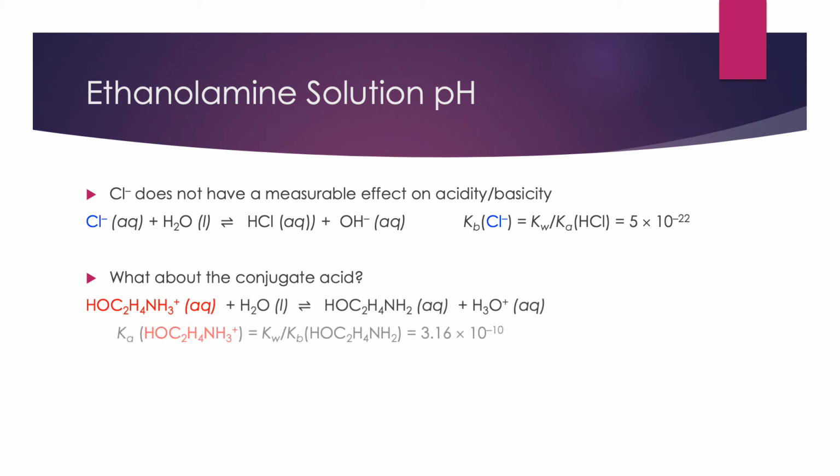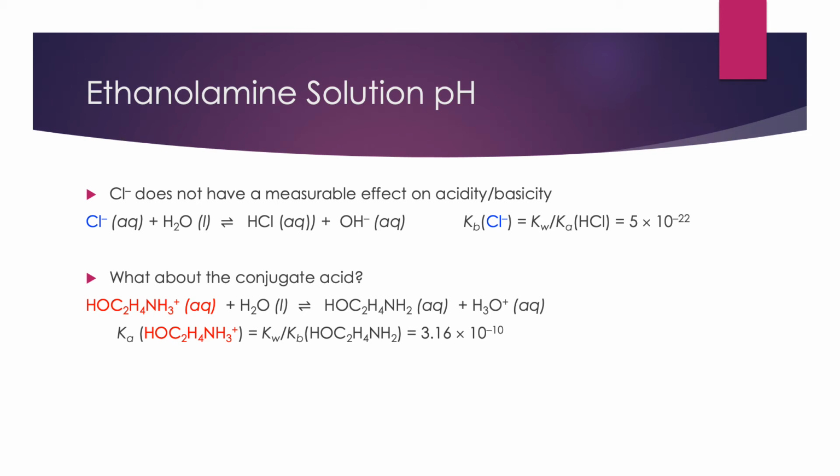What about the conjugate acid? Here is the protonated amine, ethanolamine, and when it's thrown into water, it has the possibility of regenerating the regular ethanolamine and producing hydronium ions. The Ka for this process is 3.16 times 10 to the minus 10.